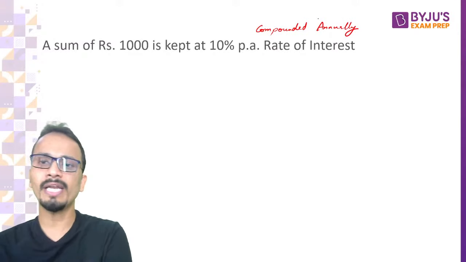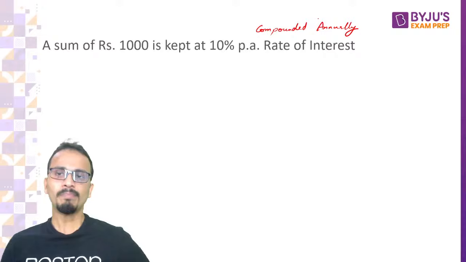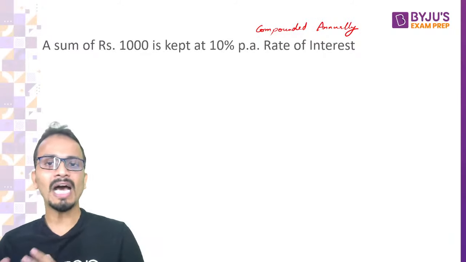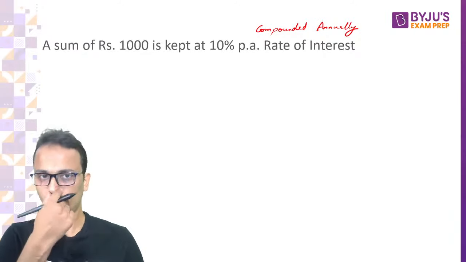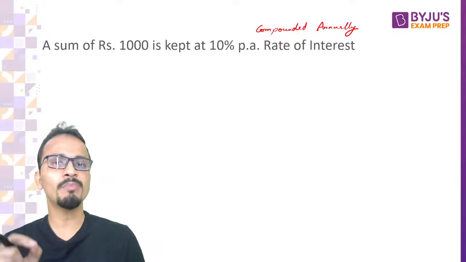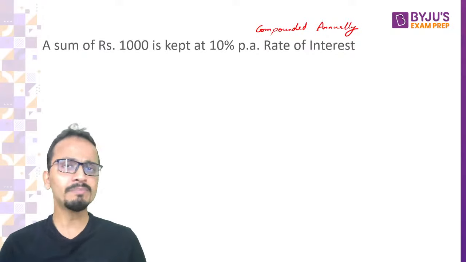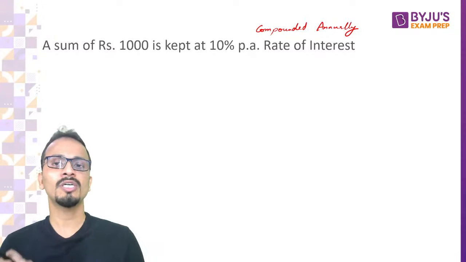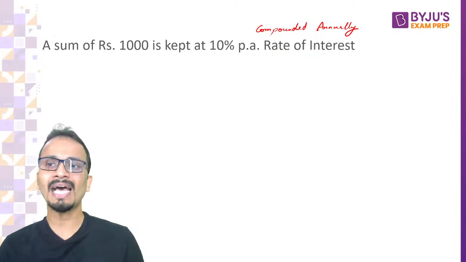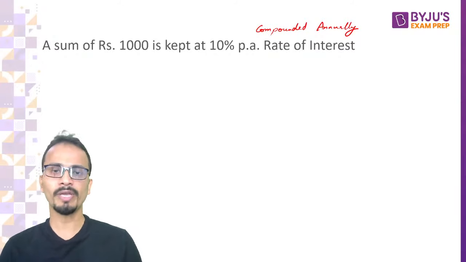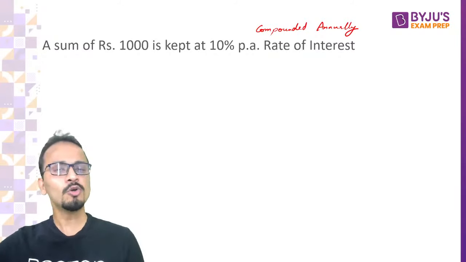Compounded annually, so the compound interest will be applicable after every 1 year. So we have the principal of 1000 rupees, kept at 10% interest per annum compounded annually. Now let's look at another way of calculating compound interest in different years.